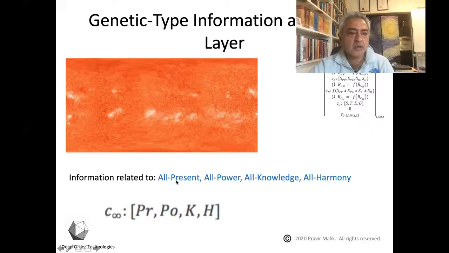Now, the information that exists at this layer of light is going to be related to these properties of all presence, all power, all knowledge, and all harmony. And this is simply depicted by the set of presence, power, knowledge, harmony, which have a vast amount of information associated with each of these aspects.